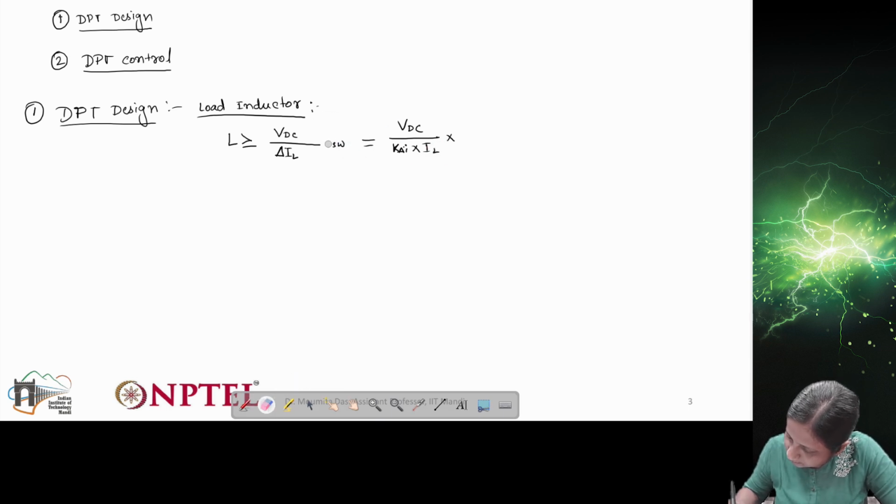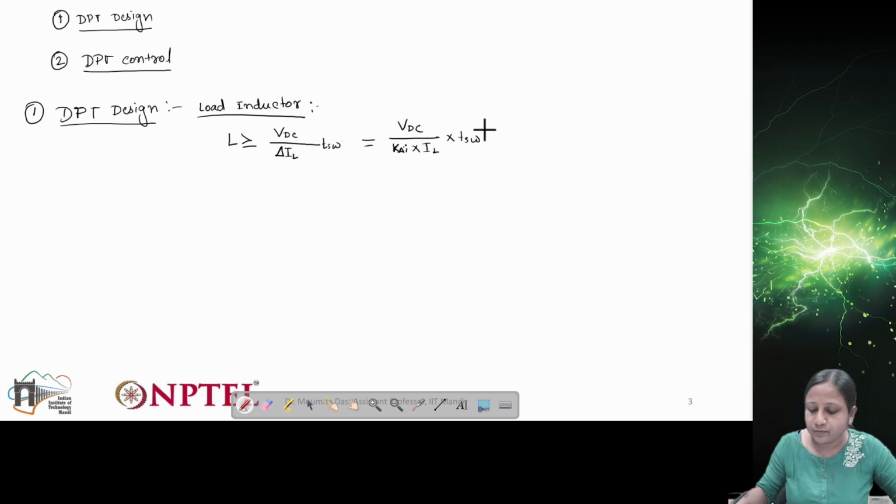Now when we calculate the value of the inductor from these values, we have to select a value which is greater than the calculated value of the inductor. So that is the first component which we need for this DPT test.